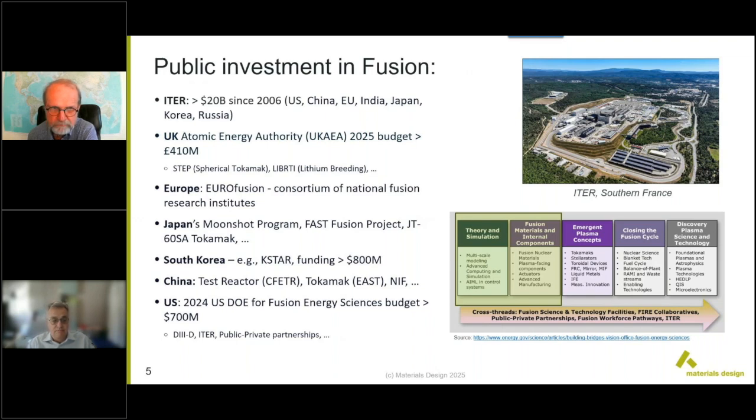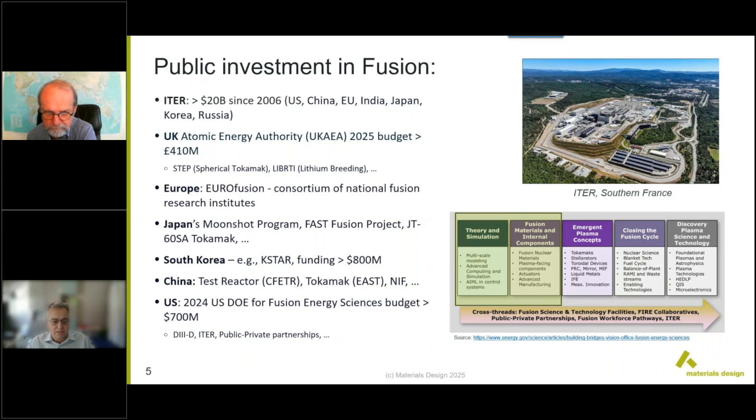South Korea had a major milestone last year, where they achieved a maintained plasma at 100 million degrees centigrade for about 48 seconds. And they've publicly acknowledged public funding in the range of almost $1 billion. China's total investment isn't very well known, but again, many initiatives are happening there.